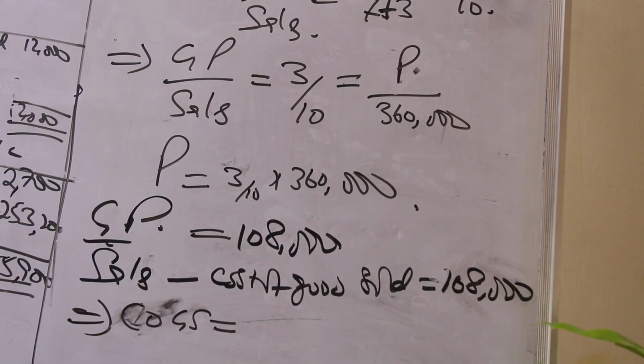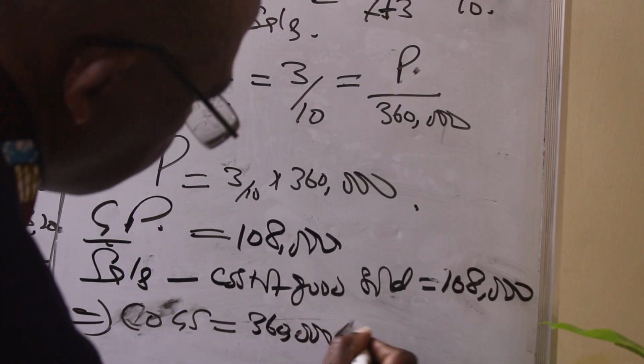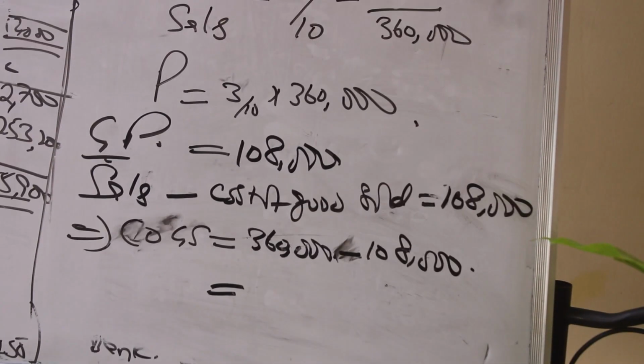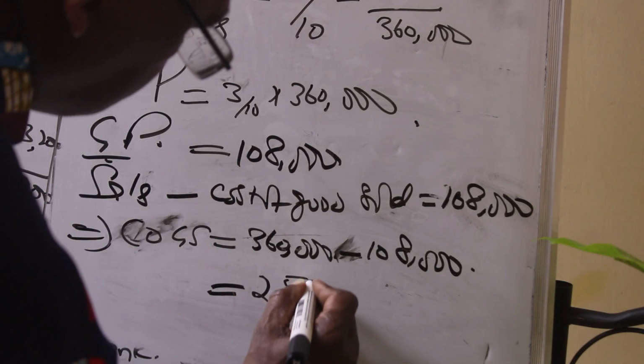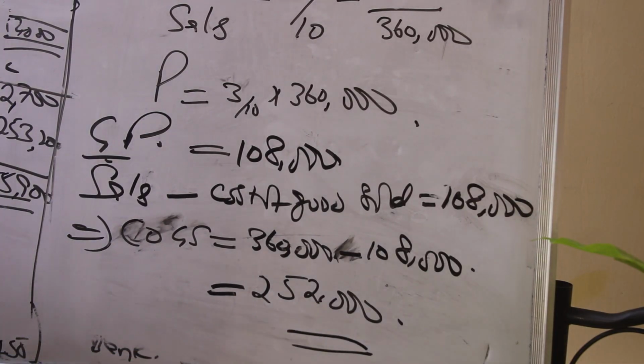Therefore cost of goods sold is equal to 360,000 minus 108,000, which is equal to 252 thousands. Our cost of goods sold is 252 thousands.